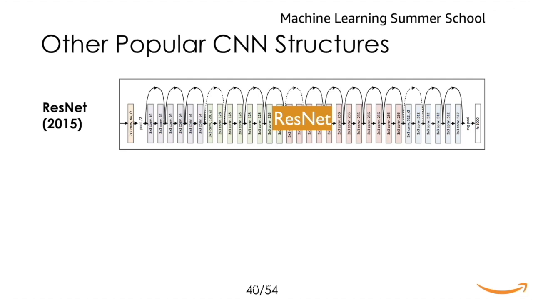So the output of this particular layer was directly added to the output of this layer, and the sum was passed to the next layer, right? So this layer only needed to learn the residues. So this architecture allowed the authors to train a 150 layer network and win ILSVRC 15.